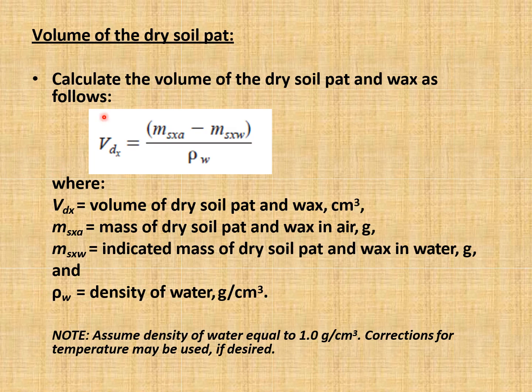In this way you can calculate the volume of the dry soil pad and wax. Assume the density of water equals 1 gram per cubic centimeter. Corrections for temperature may be used if desired.